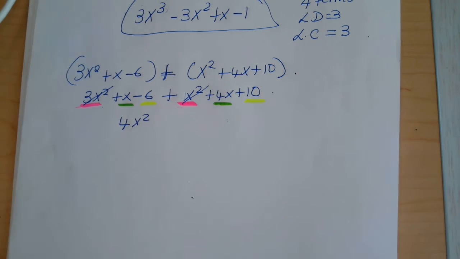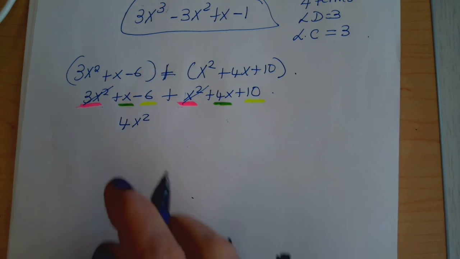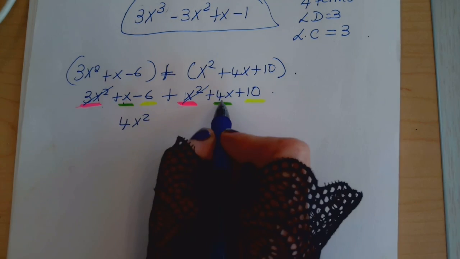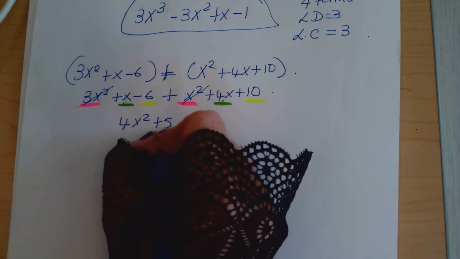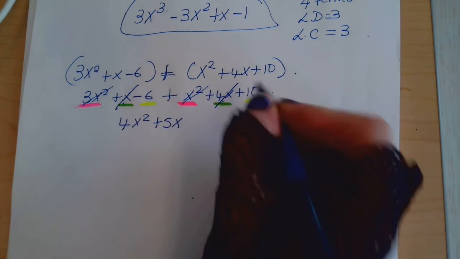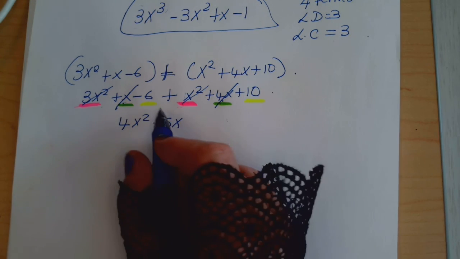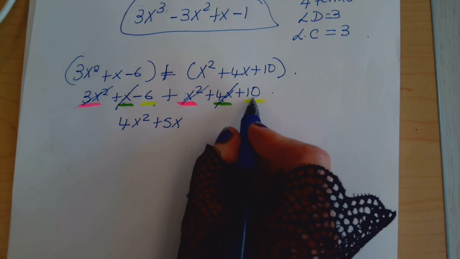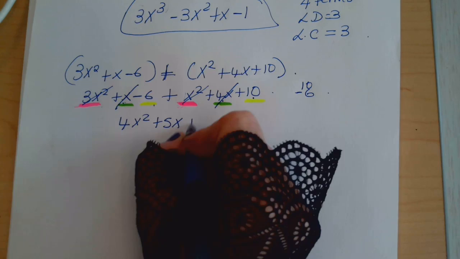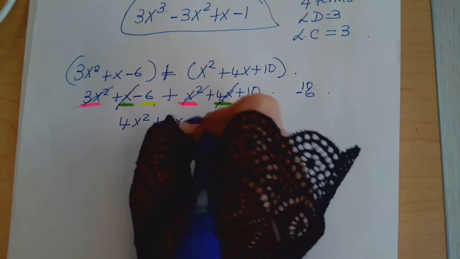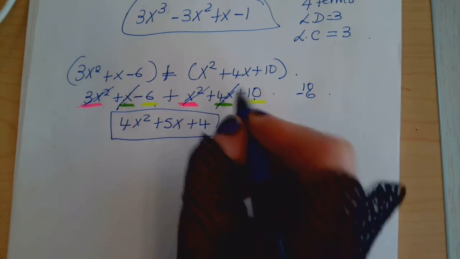I've used them, I'm going to cancel them out. Plus 1x, so 1x plus 4x is plus 5x. I'm going to cancel that out. And then negative 6 plus 10, or another way you can say it's 10 minus 6, means the same thing as plus 4. Okay? And this is your final answer.